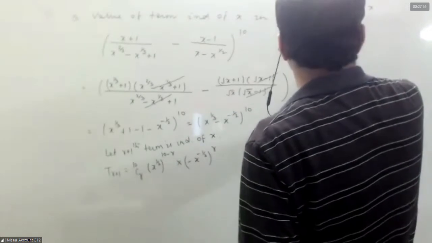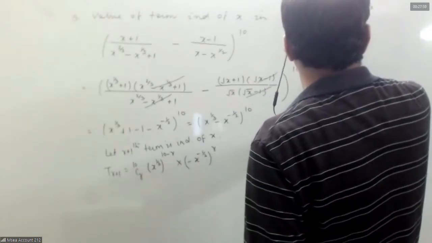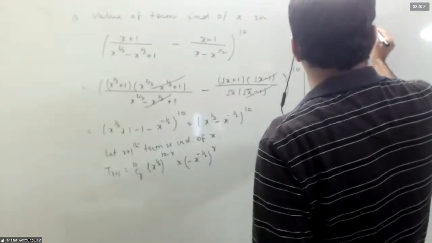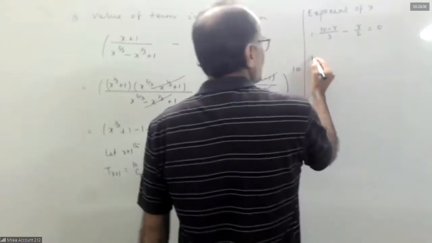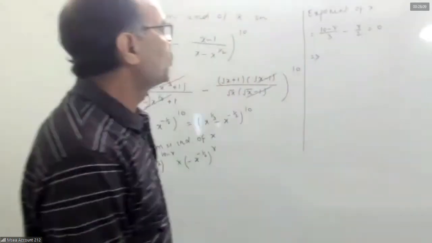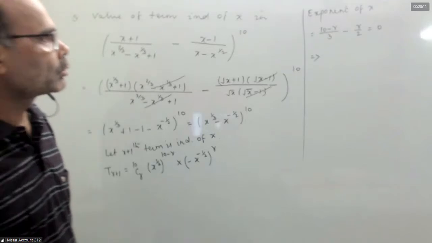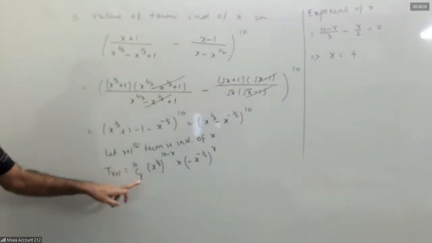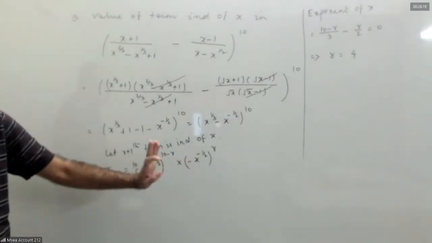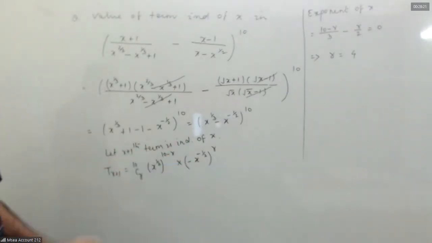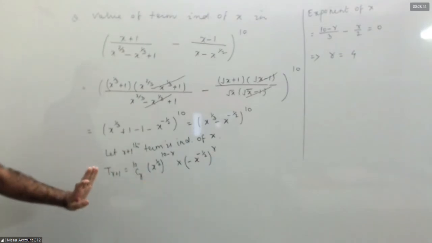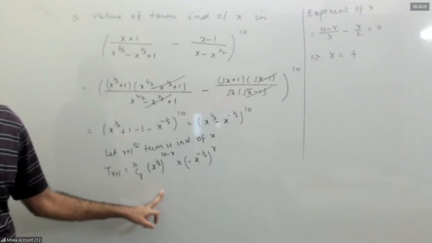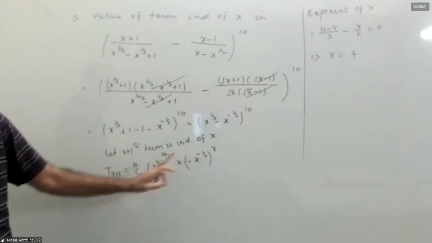Exponent of x equals 10 minus r by 3 minus r by 2 equals 0. r equal to 4. Correct. Put r equal to 4. x will get cancelled.